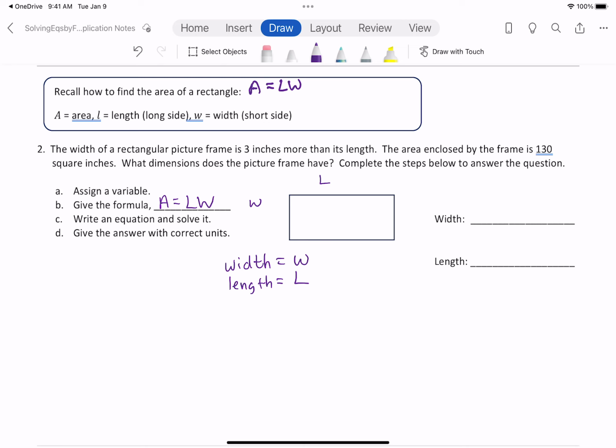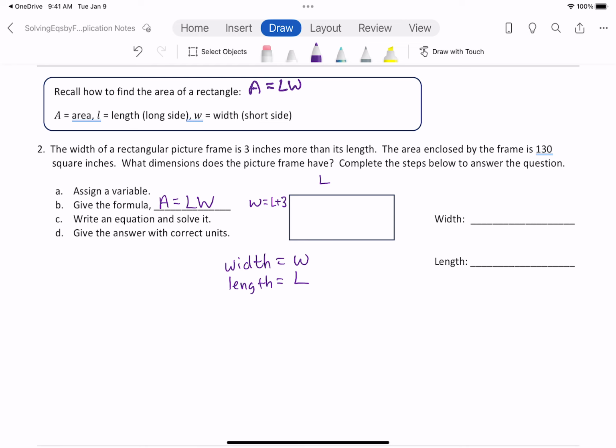The width of a rectangular picture frame is, so that means it's going to give me something about the width. And it says it is, which means equals, 3 inches more than its length. So whatever my length is, if I add 3 to that, I will get my width.